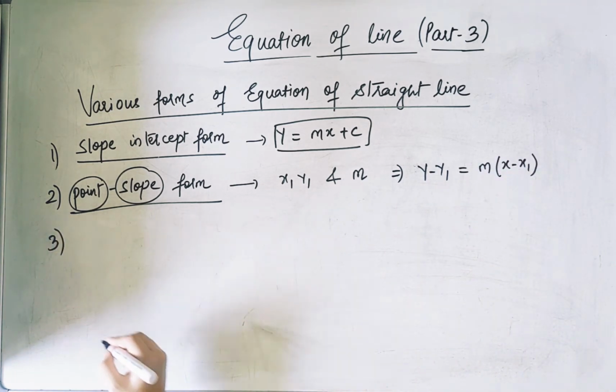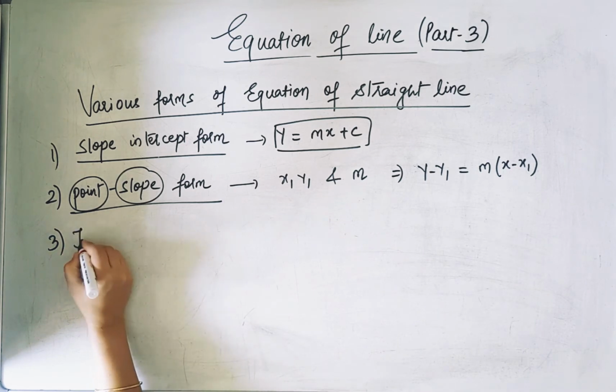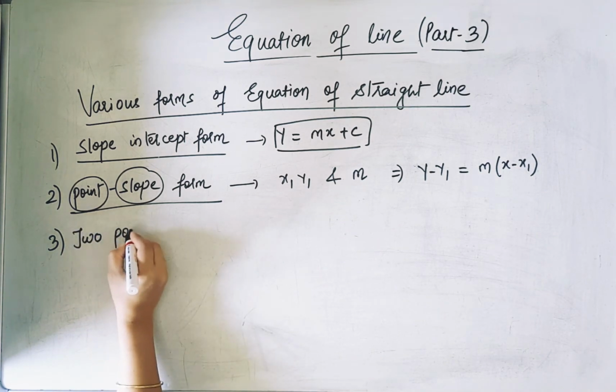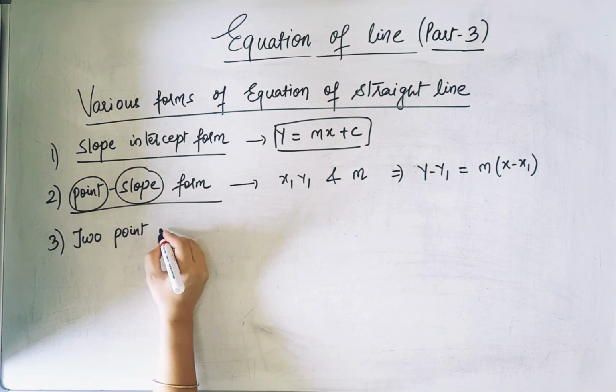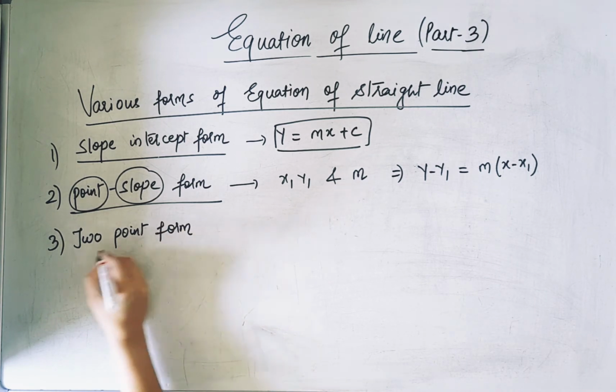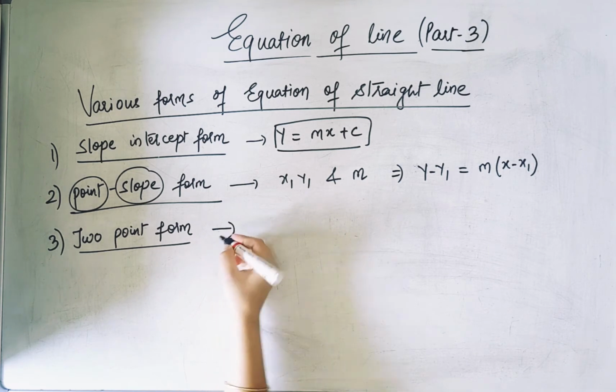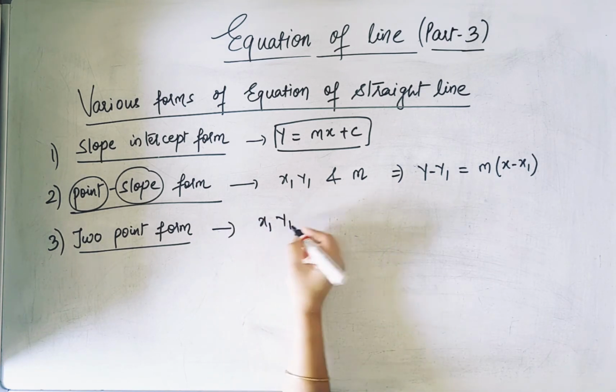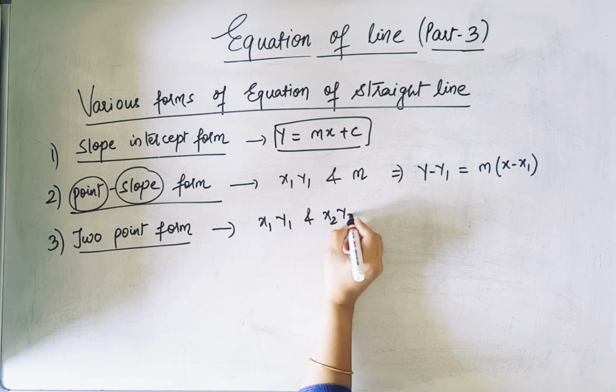Third form, third type of question which comes, where they say find equation of straight line, is when we are provided with 2 points. In the question they mention only 2 points. So in 2-point form, the 2 points provided to us are x1, y1 and x2, y2.